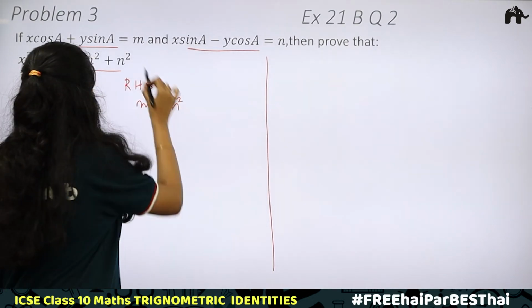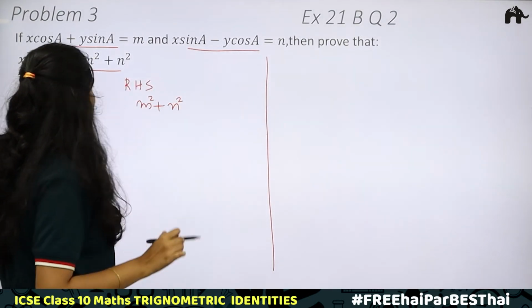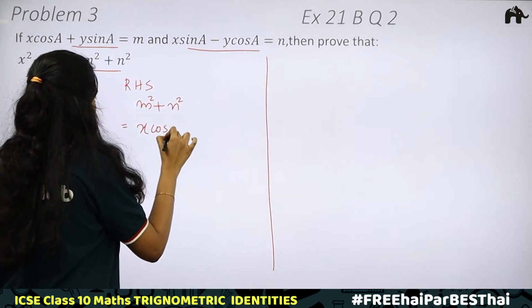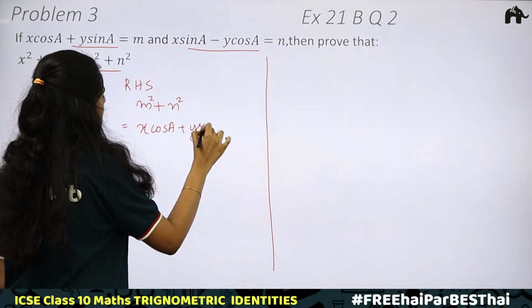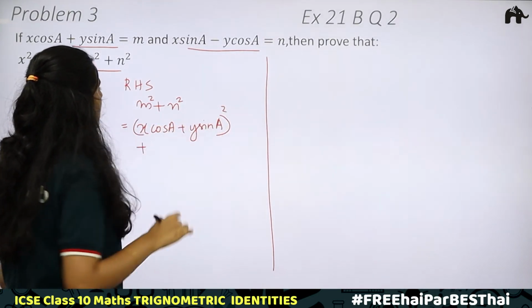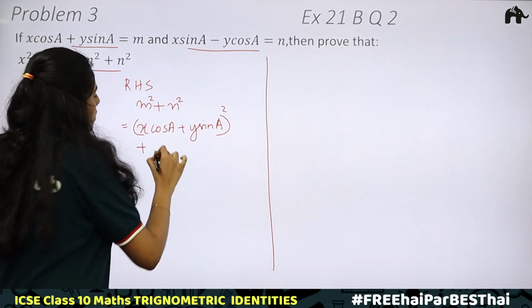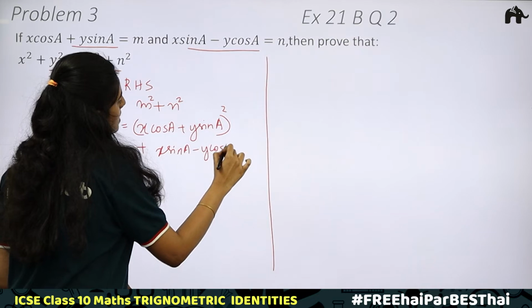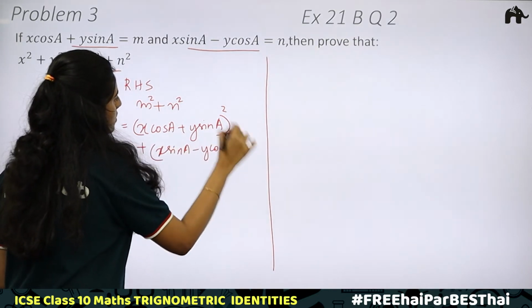Now what is m? m is equal to x cos a + y sin a. Substitute: (x cos a + y sin a) whole square plus, what is n? n is equal to x sin a - y cos a, whole square.